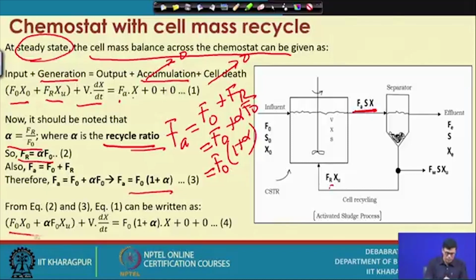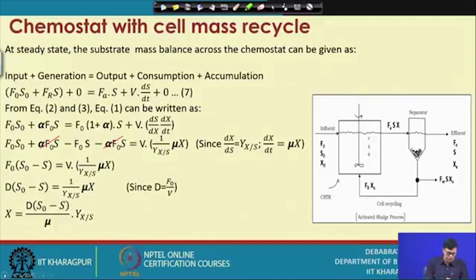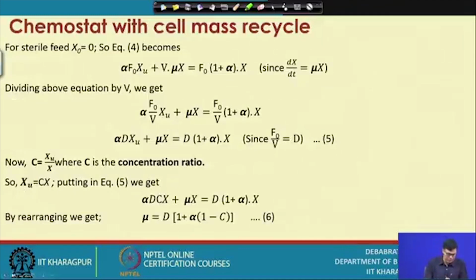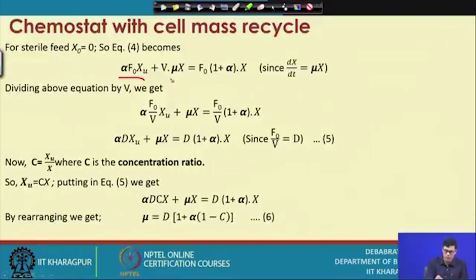Now, this equation can be modified in this form. We have F0 into X0, Fr is equal to alpha into F0 into XU, and this we can modify as F0 into 1 plus alpha into X. Then the previous equation was like this, and because we considered X0 equal to 0, the first term we can neglect.